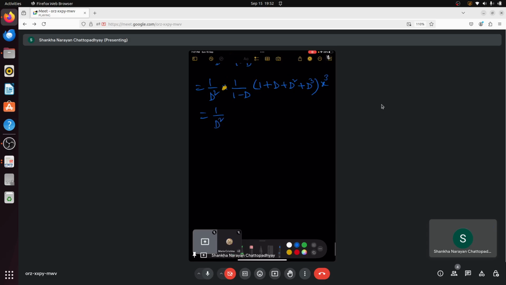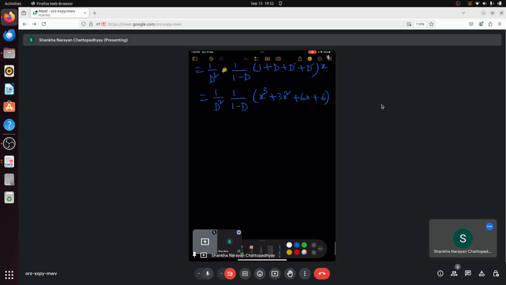Okay. 1 minus d, this is x cube plus 3x square plus 3x, sorry, plus 6.